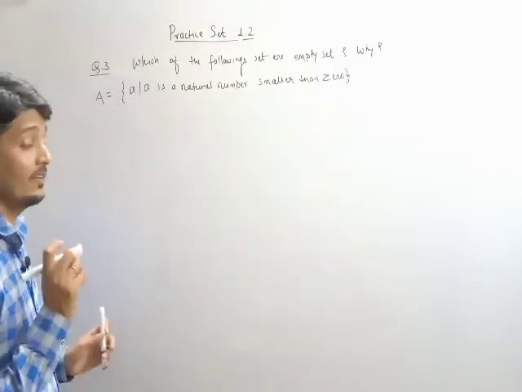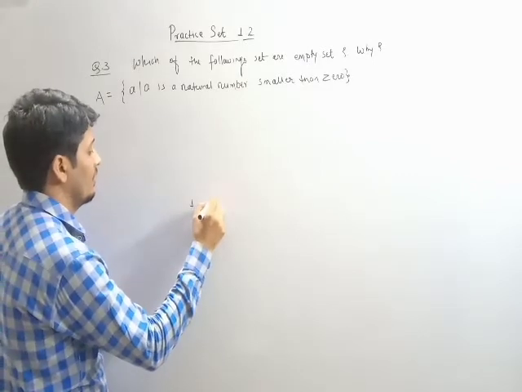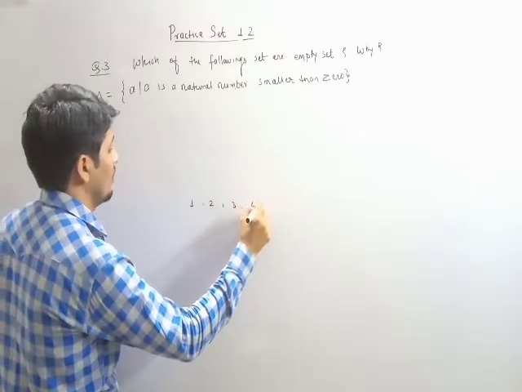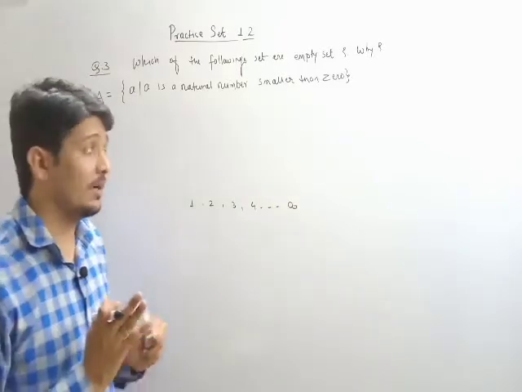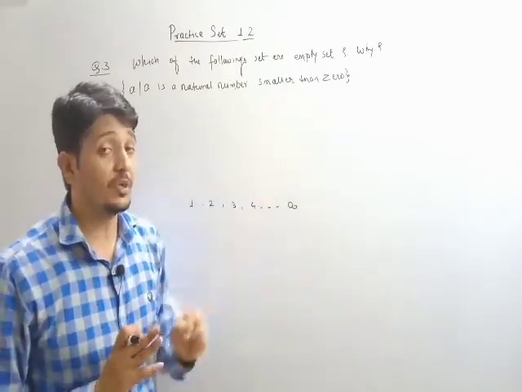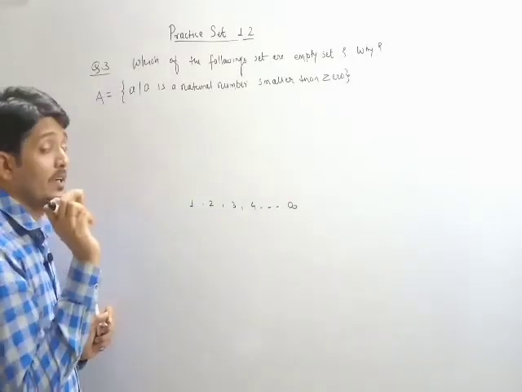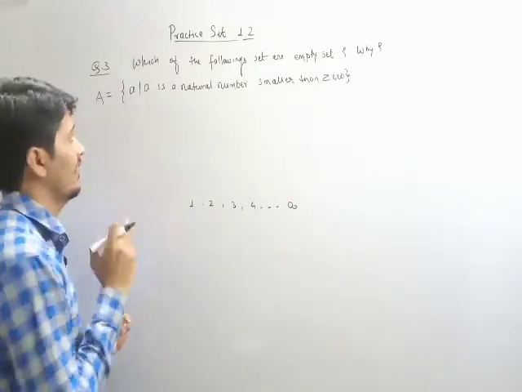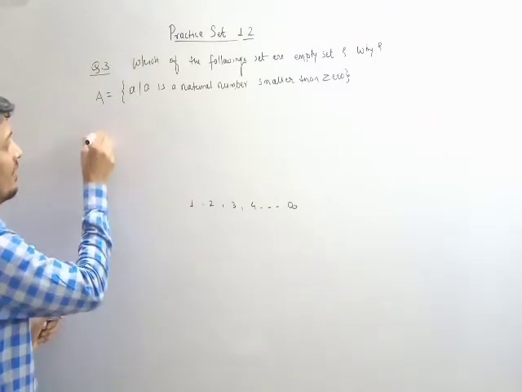So we have to write the natural numbers. What are natural numbers? 1, 2, 3, 4 up to infinity. Is there any number which is smaller than 0? No. That means we will have 0 members in our set A.